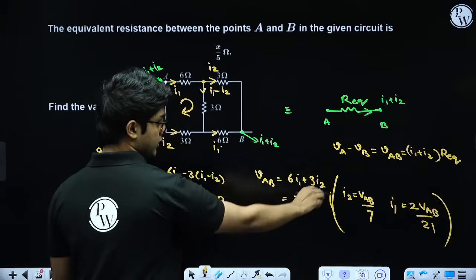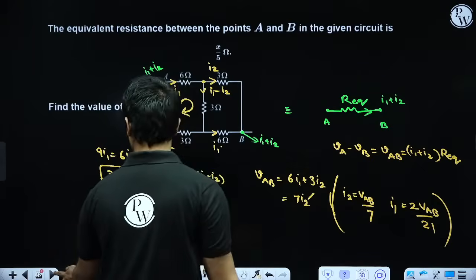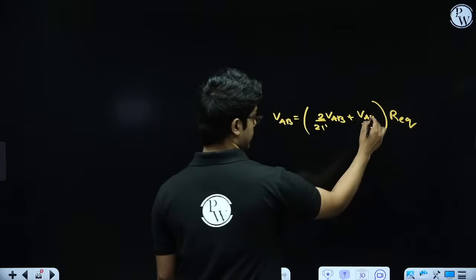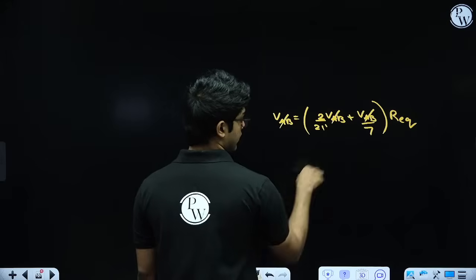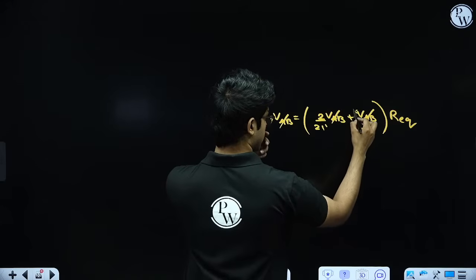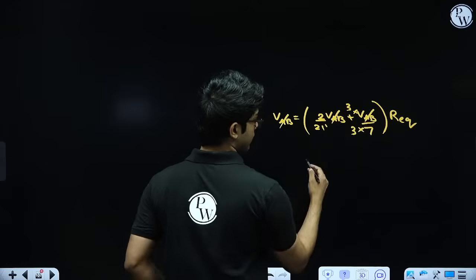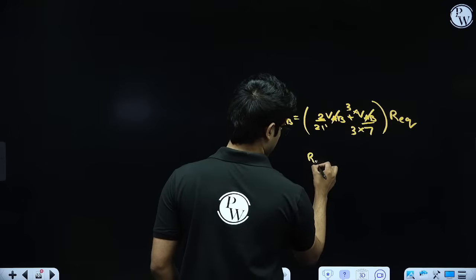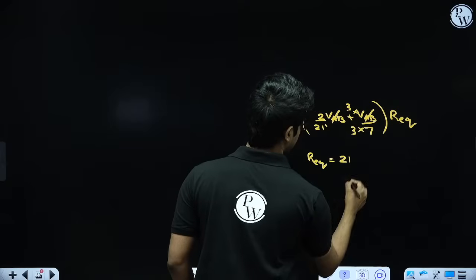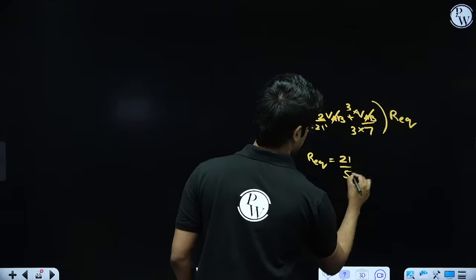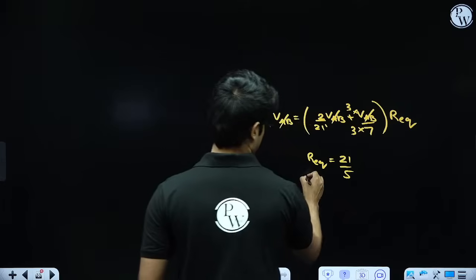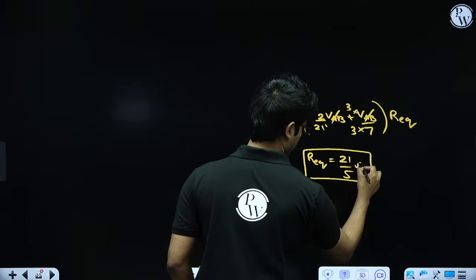This is multiplied with R equivalent. So from here now we can get R equivalent. So we can cancel out these VAB terms. Multiplied with 3 here, also multiplied with 3 here. So 3 plus 2 is 5 by 21. So R equivalent, if I have not made calculation mistakes, it should be 21 divided by 5. 2 by 21 and 3 by 21, 5 by 21, yeah. So it should be 21 by 5 ohms.